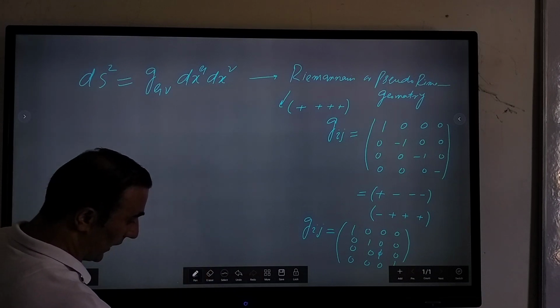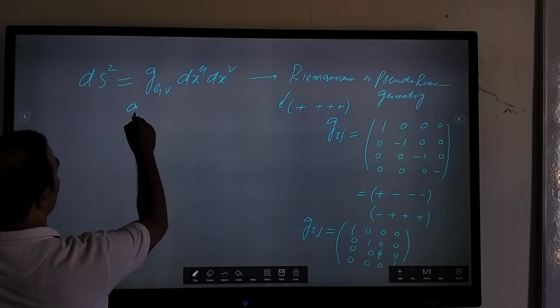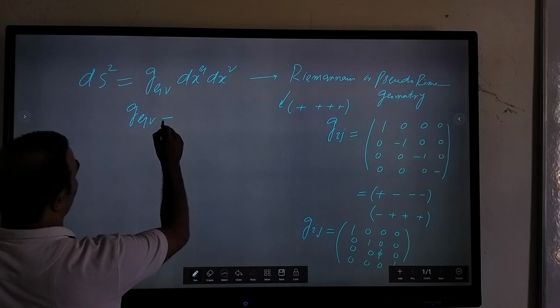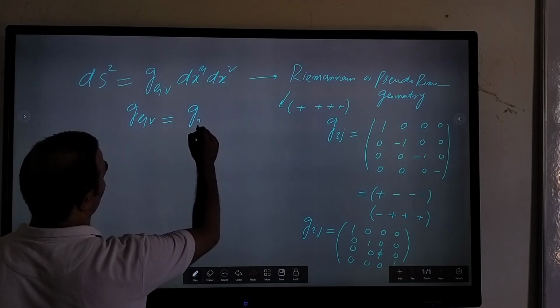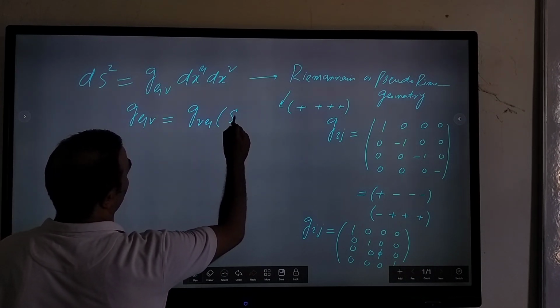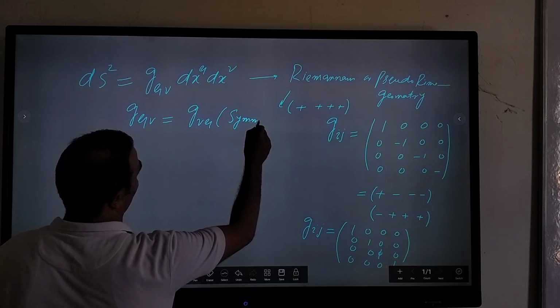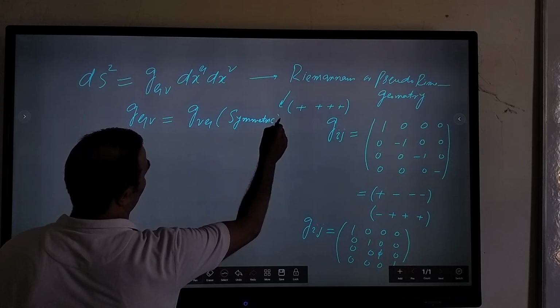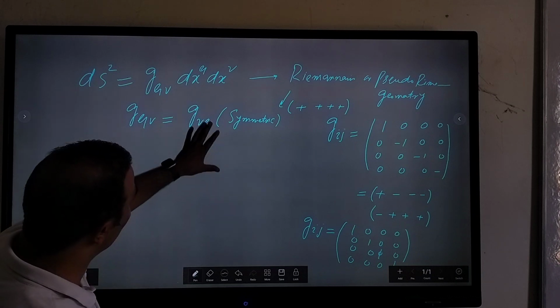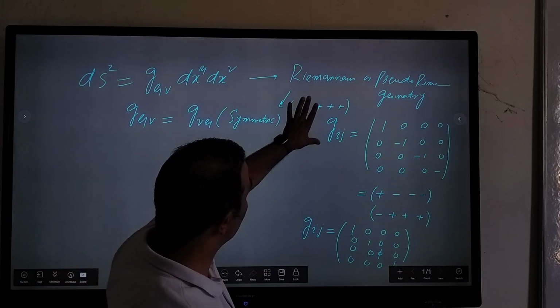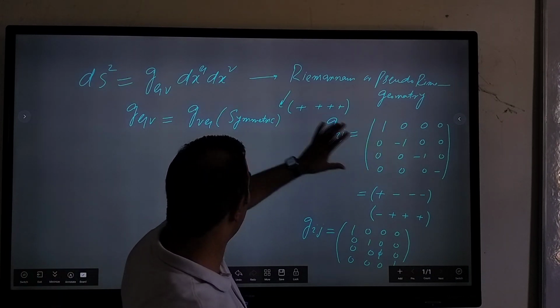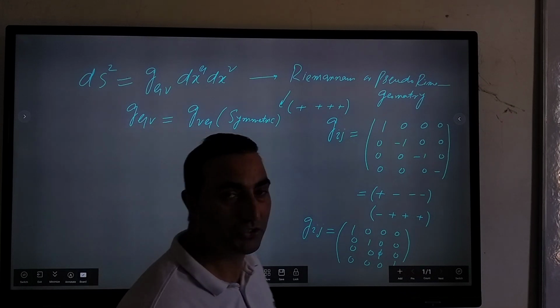We can also prove that g_mu_nu is equal to g_nu_mu, so this is symmetric. This is clear from here because you can have this g_ij as plus plus plus. So we can write that g_mu_nu will be equal to g_nu_mu.